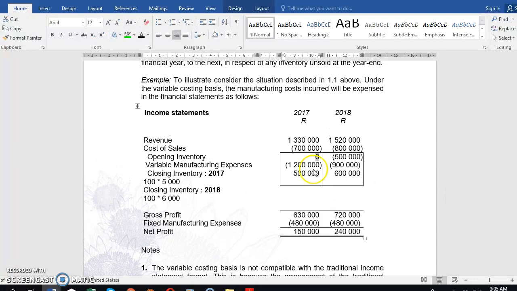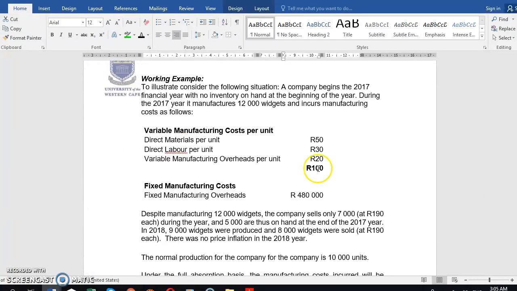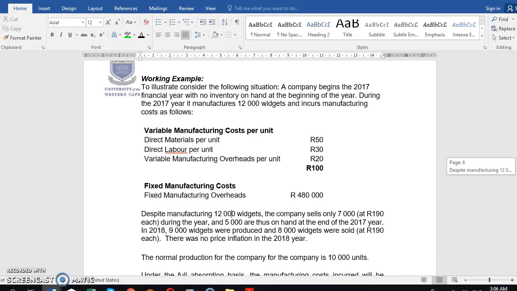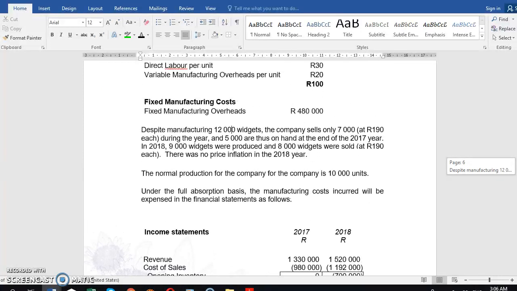Then we only have variable manufacturing expenses because we are busy with the variable costing, so that will just be the 100 Rand per unit times the 12,000 units. Remember, variable cost is units produced times cost per unit, because variable costs are driven by production. So that's why it's 12,000 times 100 Rand per unit. And that gives you the 1.2 million.